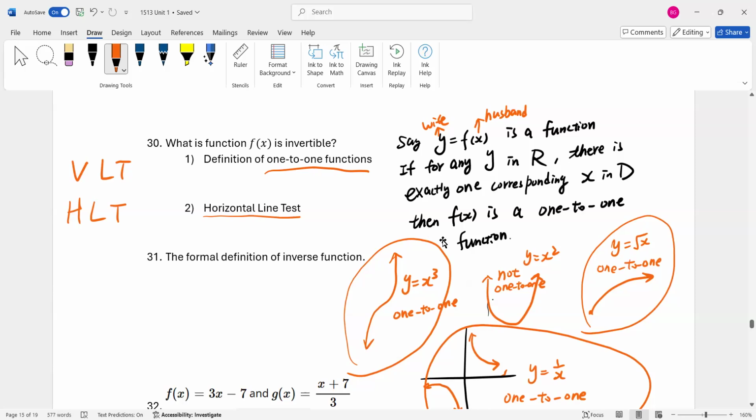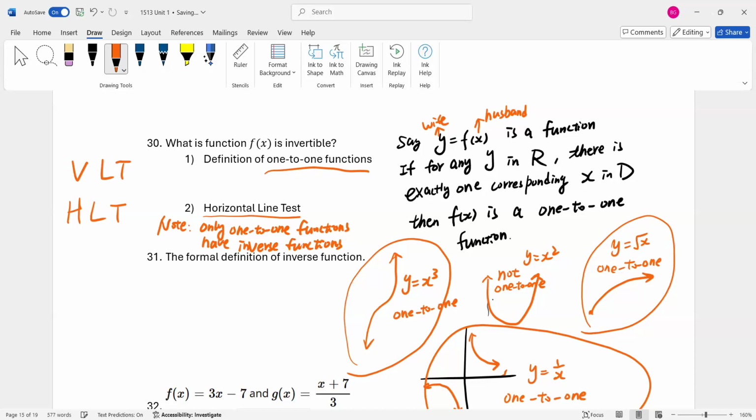So I'm gonna write this down, okay? Note, only one-to-one functions have inverse functions.